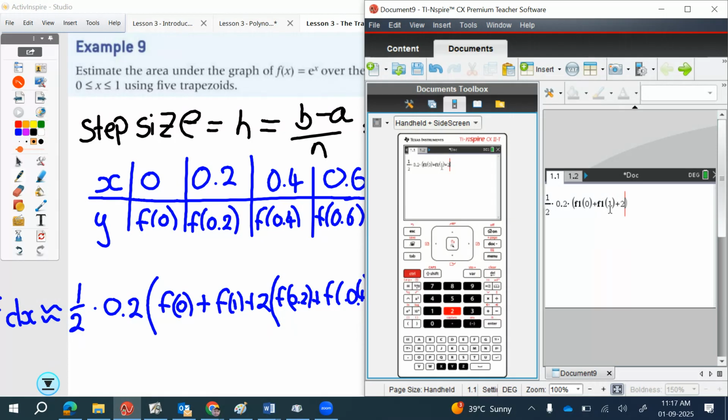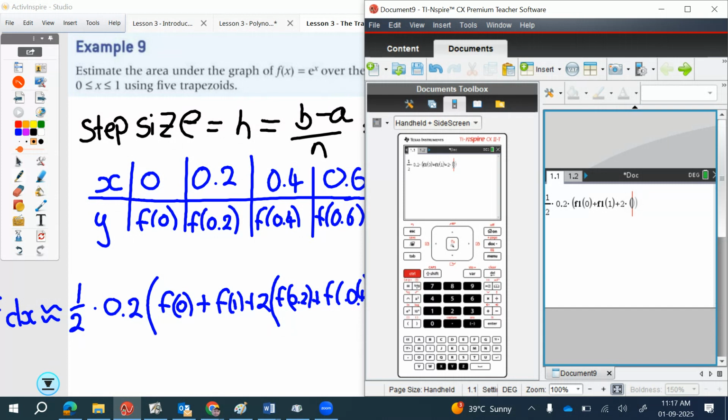And it's this 2, 2 lots of times, and we open up another bracket. Notice we should have 2 brackets here at the end. And in here, we want to put all of the ones in between, from 0.2 to 0.8.